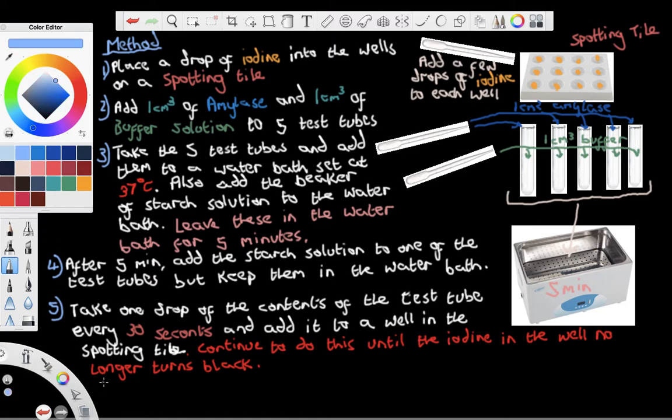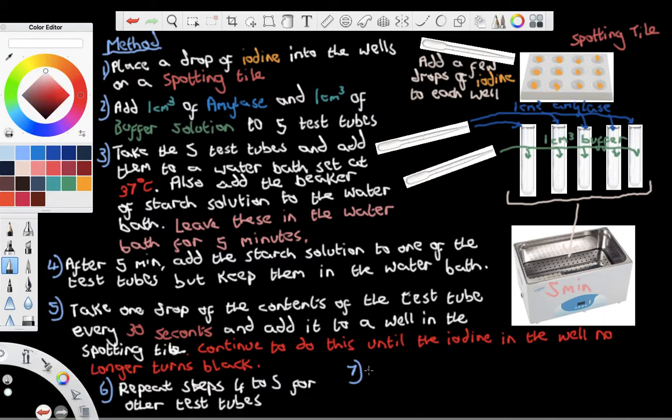So number 6, repeat steps 4 to 5 for other test tubes, and number 7, repeat steps 1 through to 6 with a different buffer.